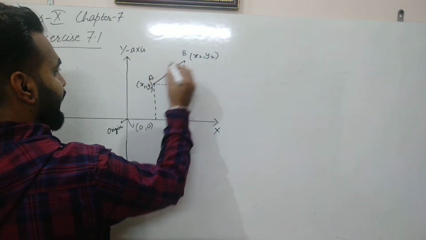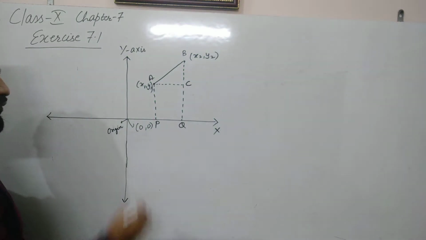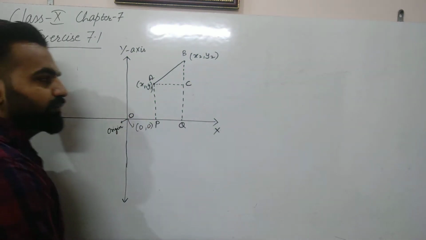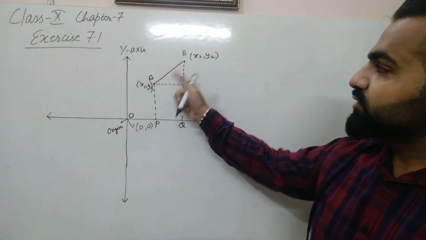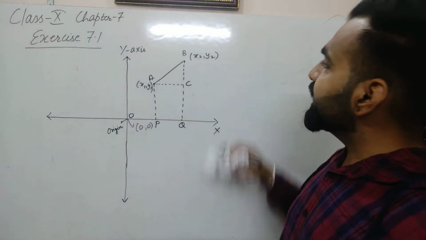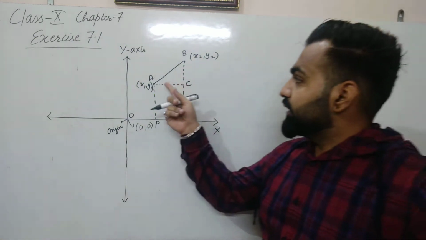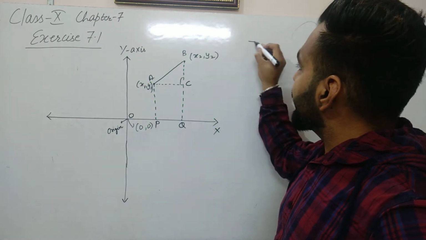So this is point A, this is B, this is C, this is P, and this is Q. This point is O origin. So now we have to find the distance between these 2 points A and B. Clear? So here we can see that this is a right angle triangle in triangle ABC.